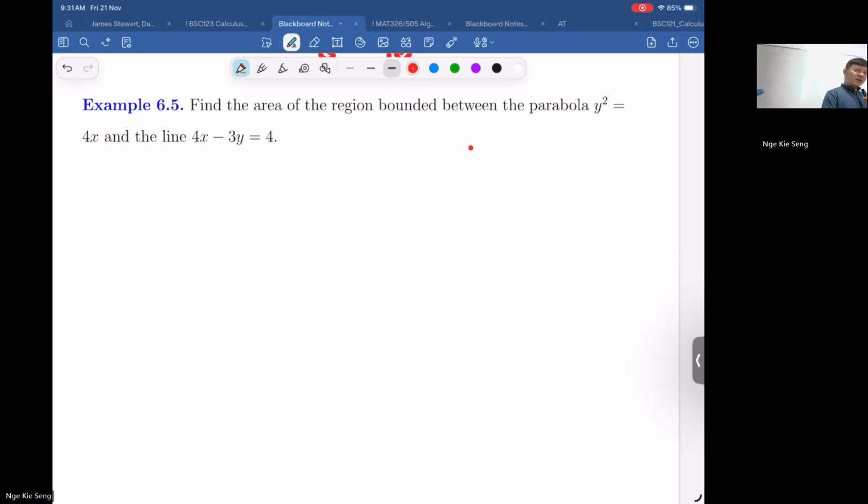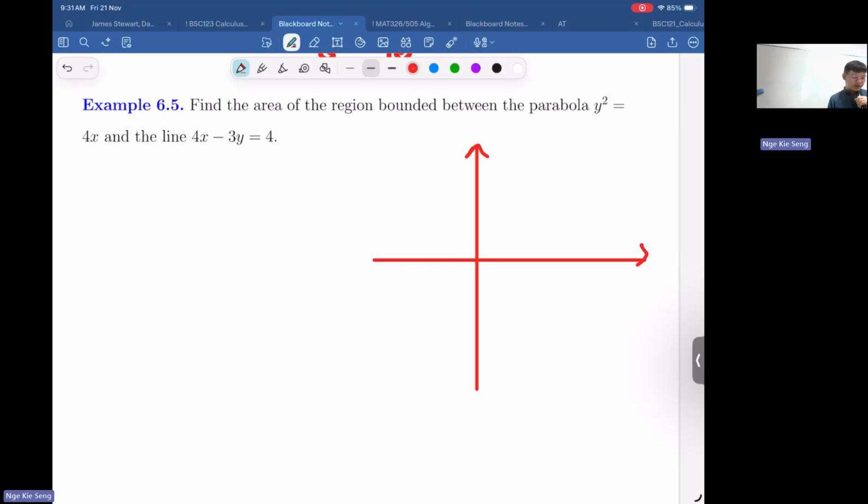Okay, perhaps the line is easier to draw. So to draw this line, should we first find the y-intercept here? So what's the y-intercept for 4x minus 3y equals 4? Y-intercept means what? X has to be 0.